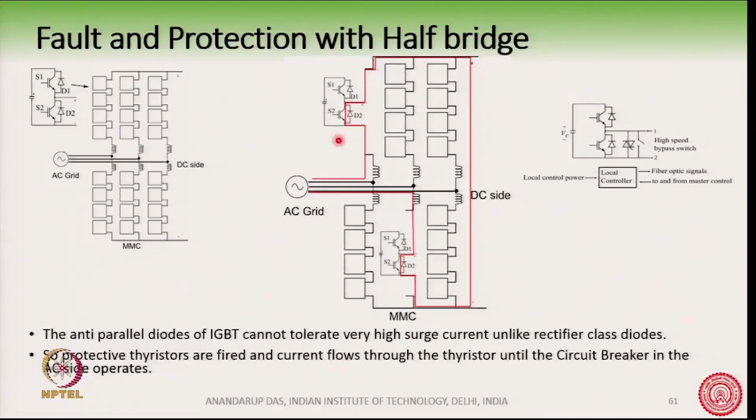Okay. We have seen earlier that often these half bridges are provided with anti-parallel thyristors or triacs at the output. So, when we have a huge surge current flowing through these anti-parallel diodes, in order to protect the half bridge, we also fire the thyristors. Thyristors have enormous I square T rating.